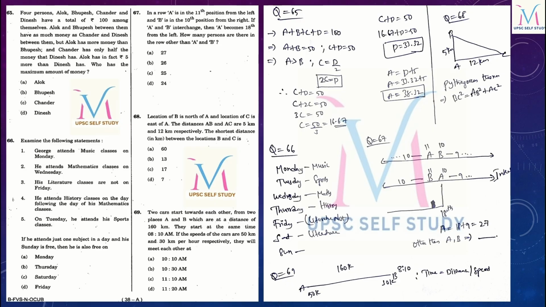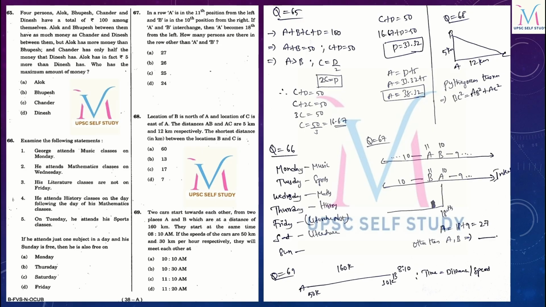In the question it is mentioned that Sunday is free. Again, which day is he free? Saturday he is attending the literature class, and Friday he is not attending the literature class. So obviously on Friday he is free. So for question number 66, the answer is D, Friday.